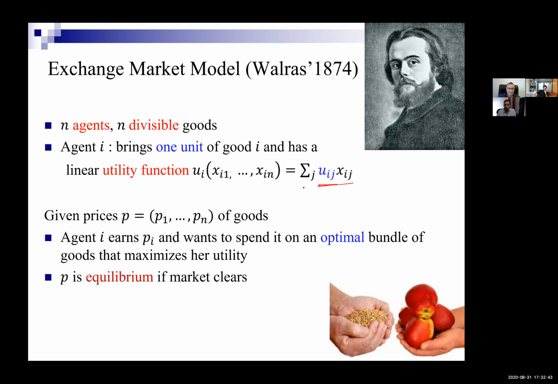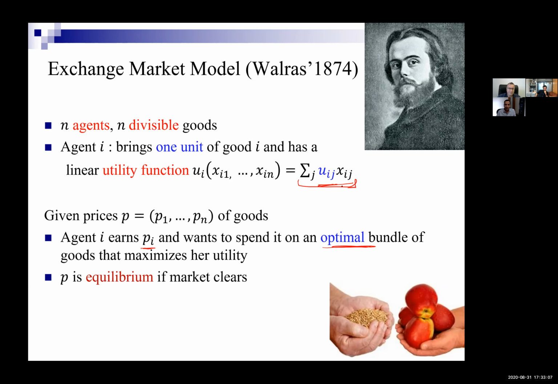Given prices of goods, agent i earns p_i, because agent i brings 1 unit of good i, so the market price is p_i. She will earn p_i dollars, and from this money she wants to buy an optimal bundle, meaning one which maximizes her utility function.